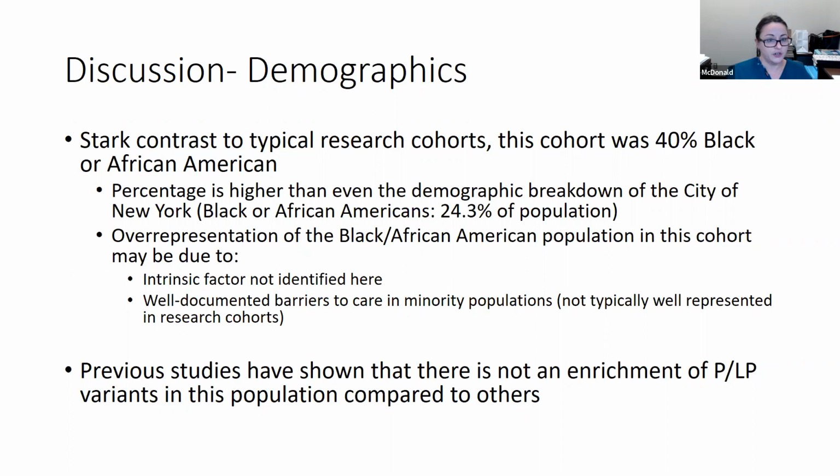They said this could be due to the fact that there are possibly more of these individuals dying sudden deaths because they receive less care, as there are more barriers to care in minority populations, as well as the fact that minority populations are not as well represented in research cohorts. However, previous studies have shown that there's no significant enrichment of these pathogenic variants in this population compared to others.